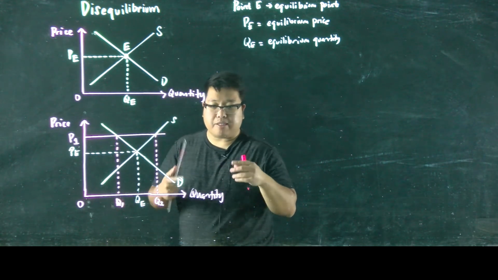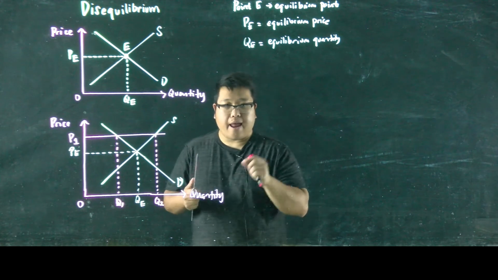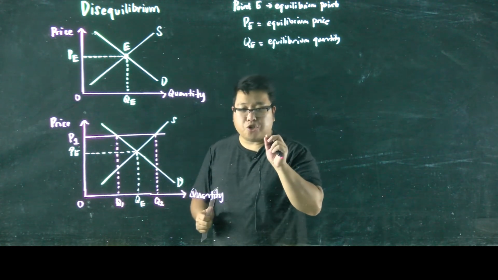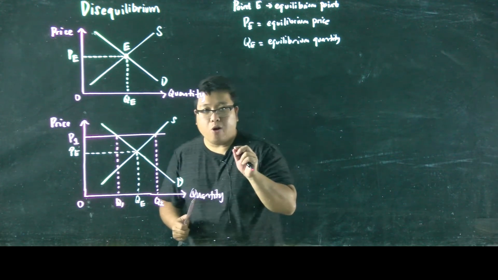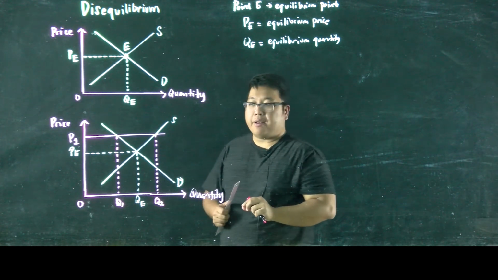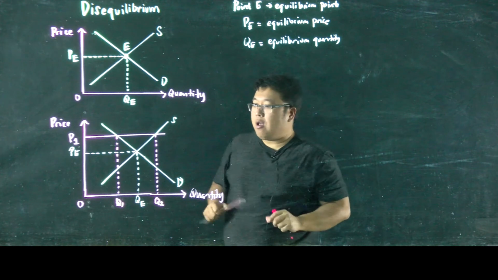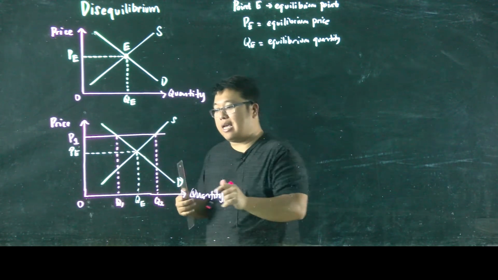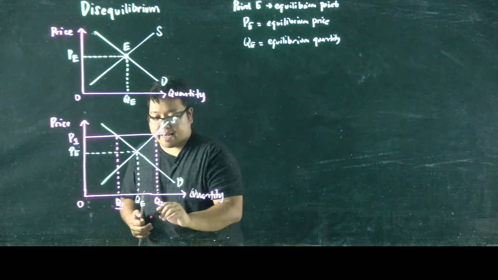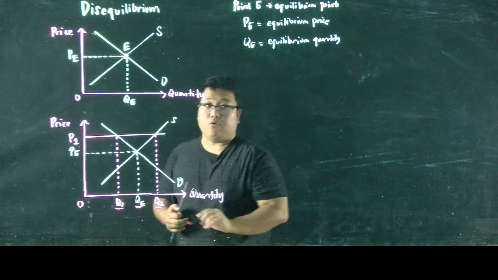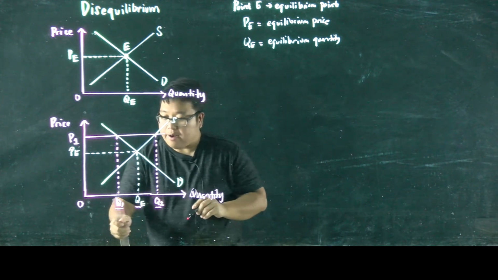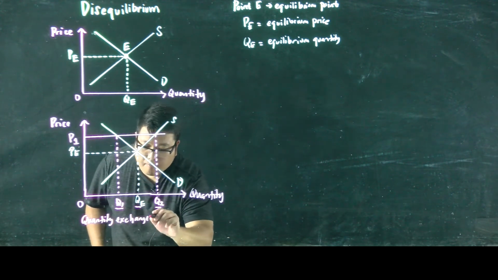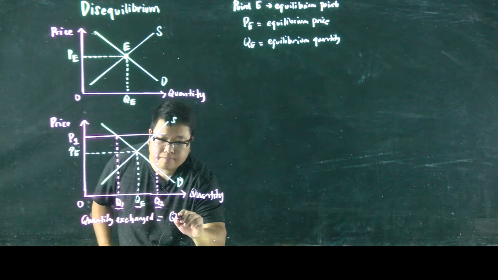So again, let me state this: at any disequilibrium price, let's say at P1, the quantity exchanged is determined by the lower of quantity demanded or quantity supplied. Which of these two is lower? Here we can clearly see that Q1 is less than QE, which is less than Q2. Therefore, the quantity exchanged is equal to Q1.